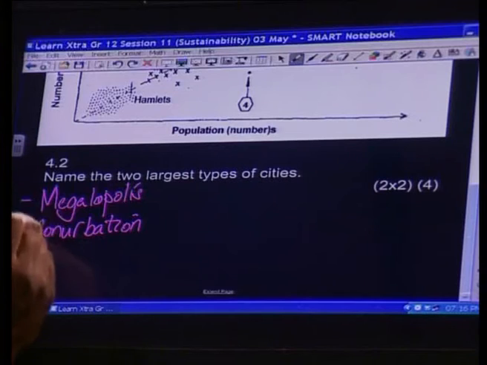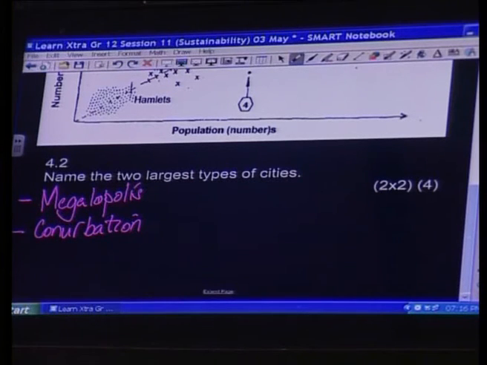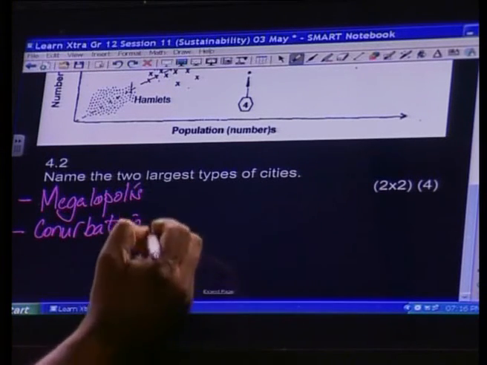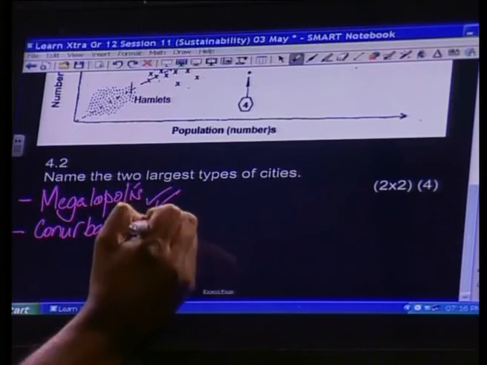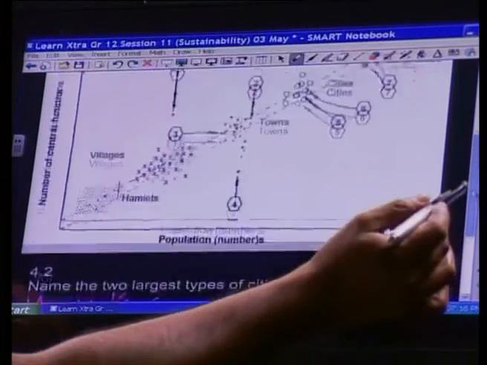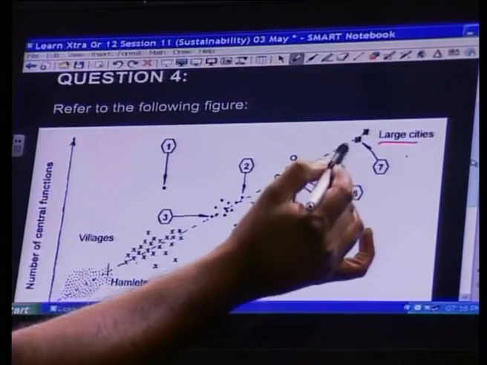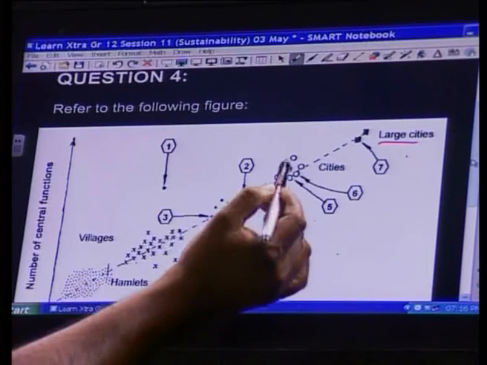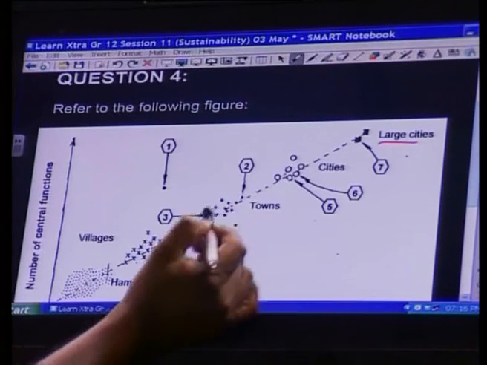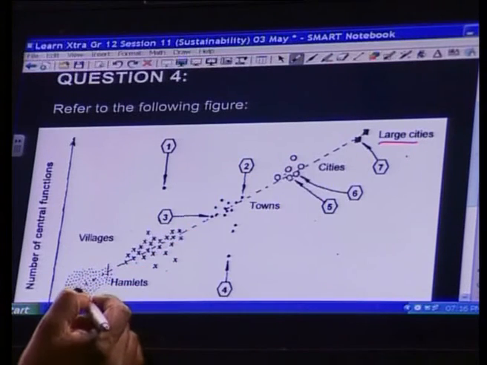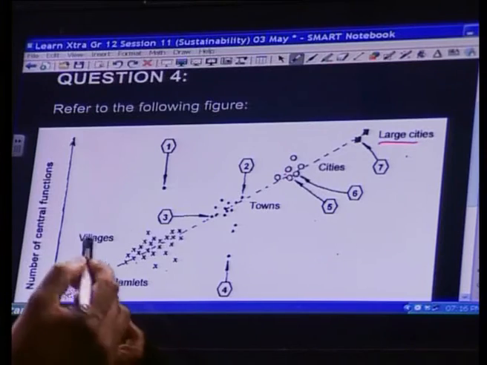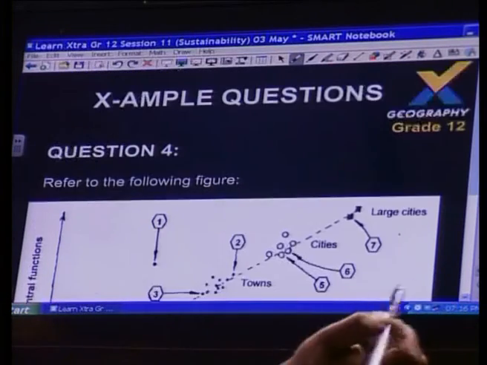Remember, the largest is the megalopolis. Below that is your conurbation. These two types of settlements would represent your largest urban cities. In this particular diagram, remember, fewer large cities are represented and as you move down the graph, you'll note that there are more settlement sizes in villages and hamlets.